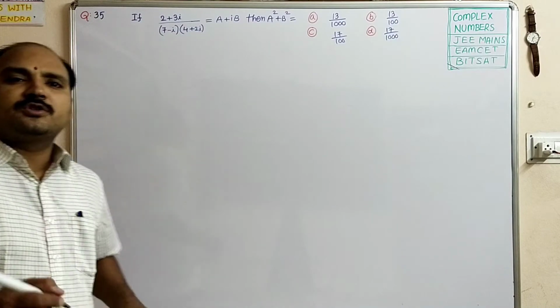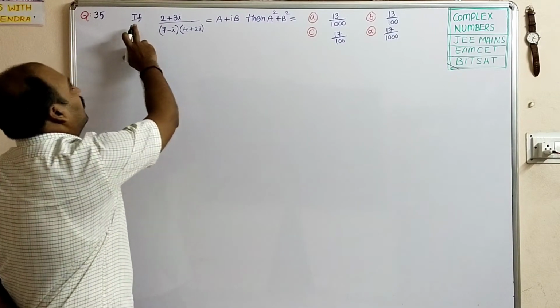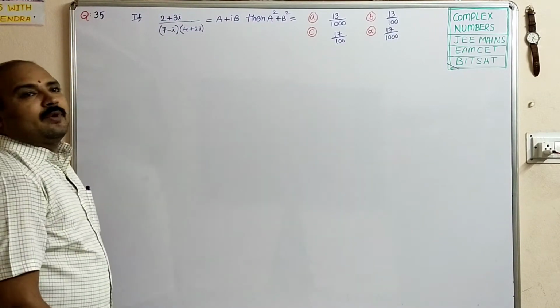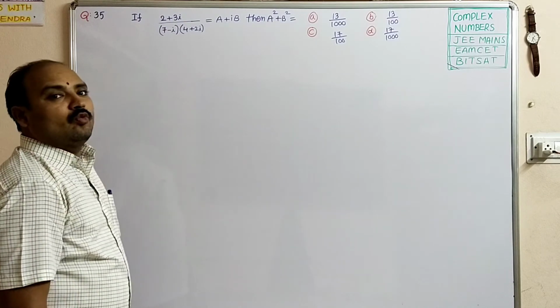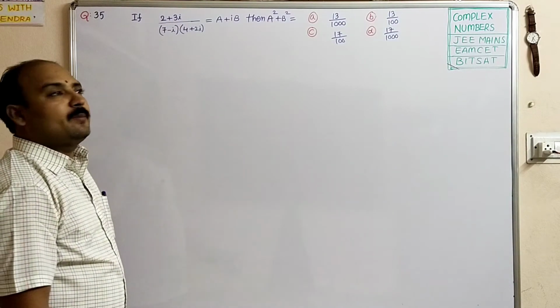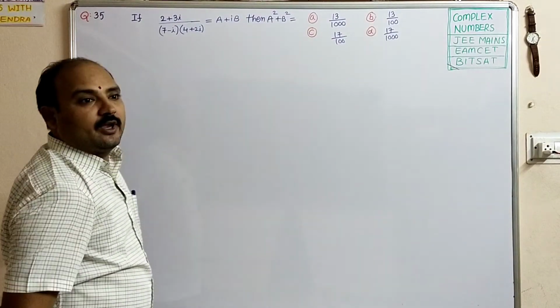So the next question is very simple. If (2 plus 3i) divided by (7 minus i) into (4 plus 2i) is equal to a plus ib, then a square plus b square equal to.